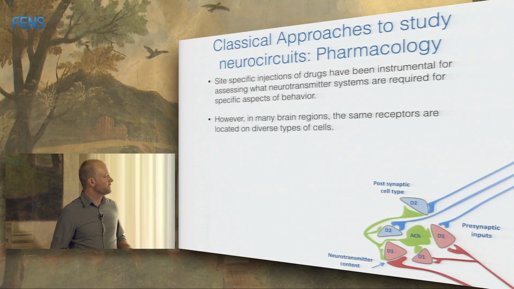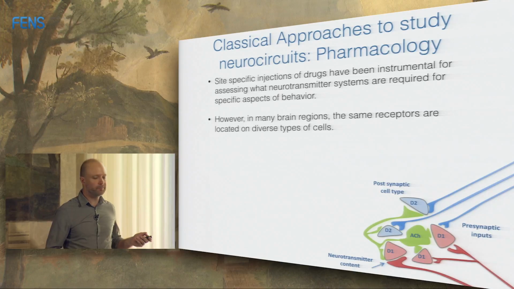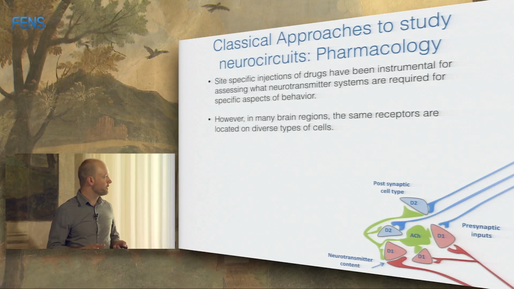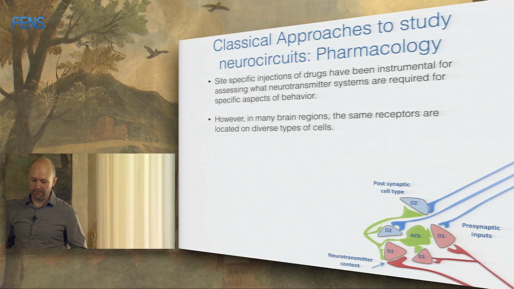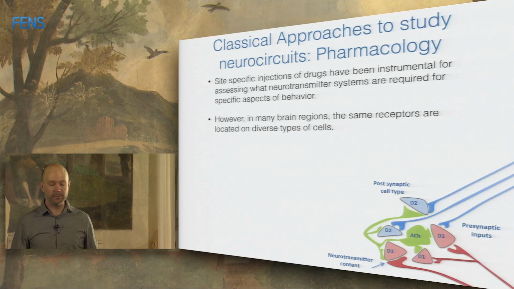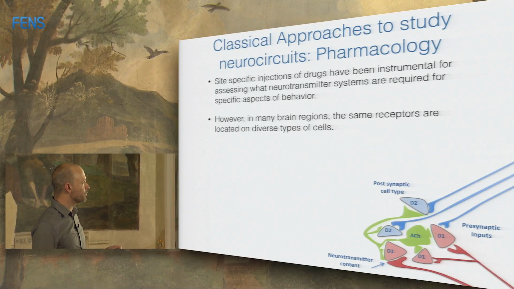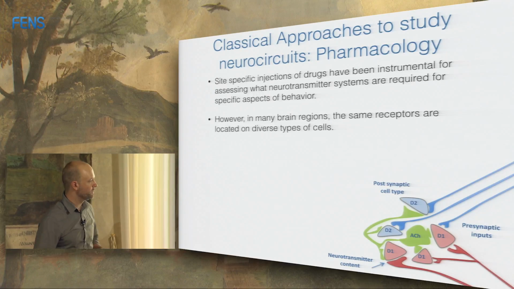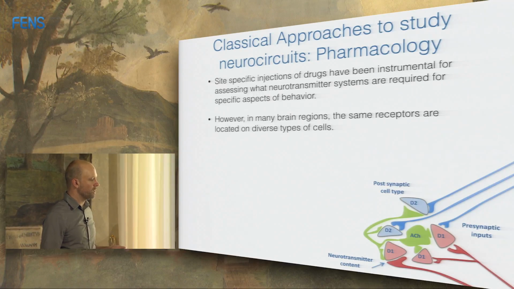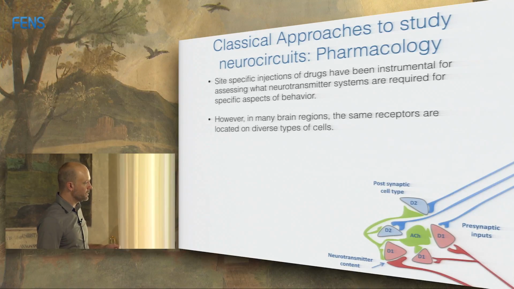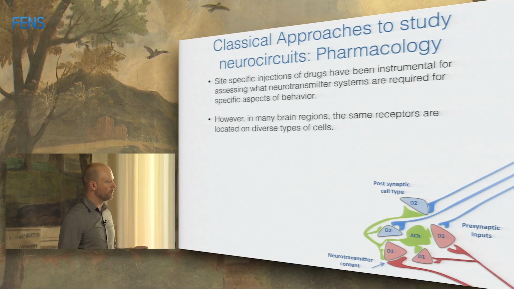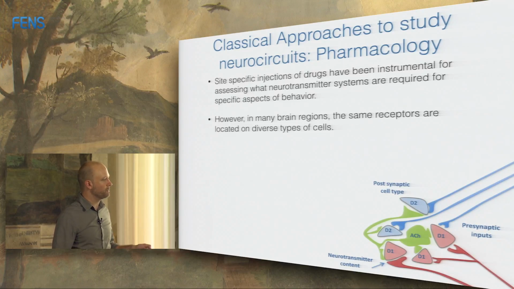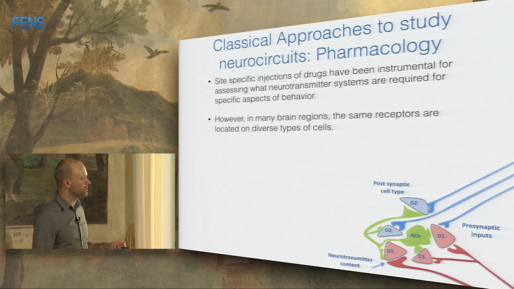What I hope you recognize from all of these approaches is that the major theme is the issue of non-specificity. Even though we have specificity for a particular receptor subtype or neurotransmitter signaling system, within many brain regions these receptors are located on a variety of different cell types. To give you an example, within the ventral striatum or nucleus accumbens, dopamine D2 receptors are located on many different cell types. We know they're located on a number of postsynaptic neurons, medium spiny neurons in that region.